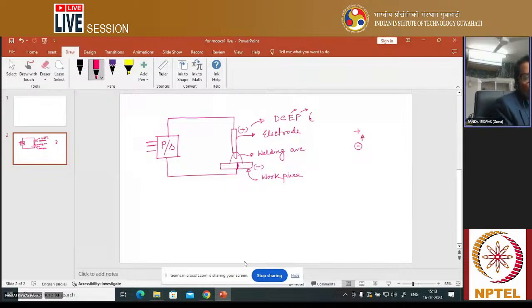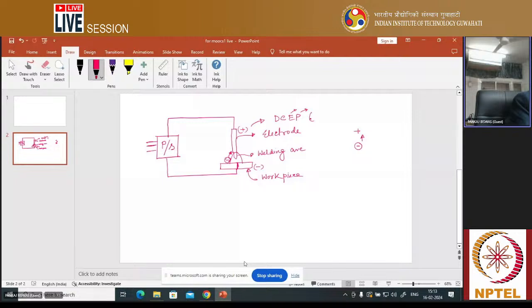If it is the same type of polarity, then repulsion takes place. So if it is the positive terminal, then what happens? Electrons are negative particles, so the negative particles have a motion towards the electrode.